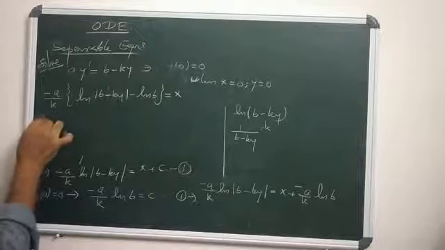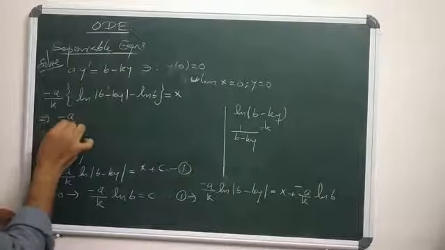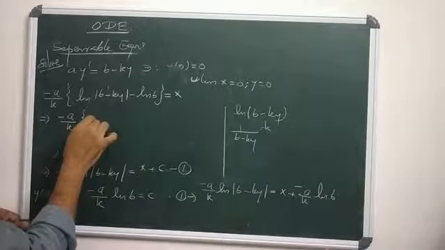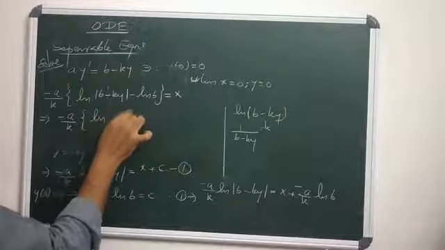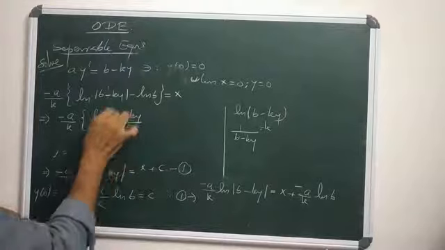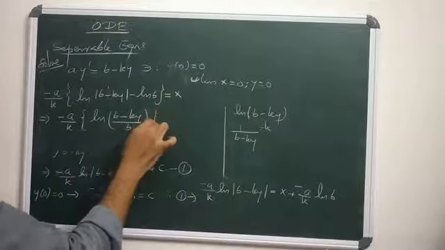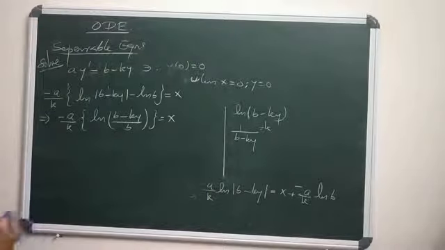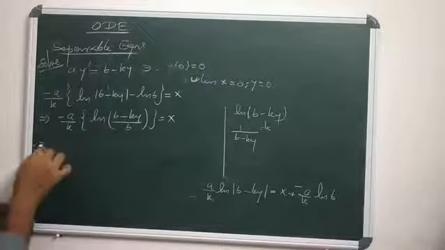Agree? That means minus a by k into the form log a minus log b, that is log a by b, because log a minus log b equals log a by b.